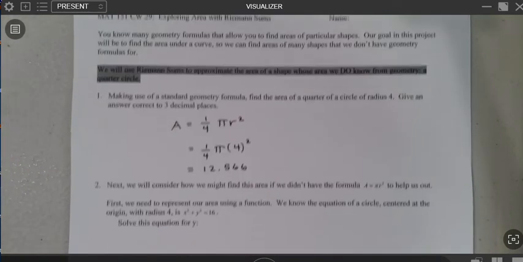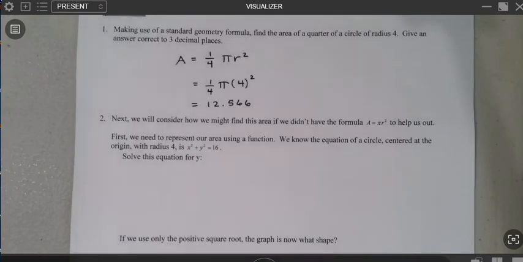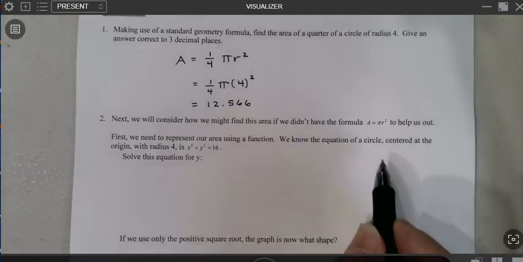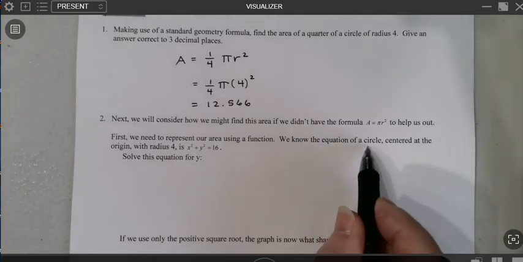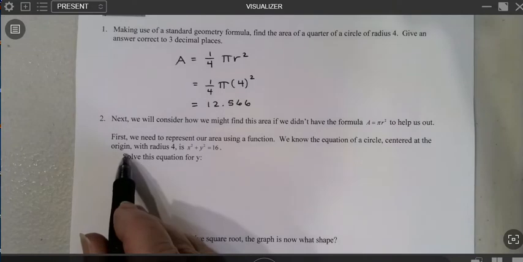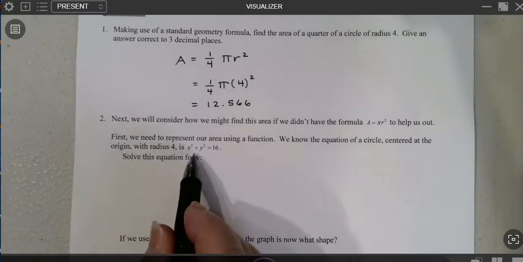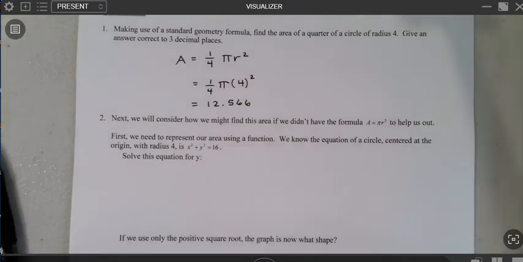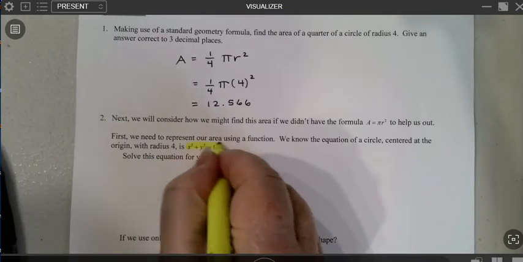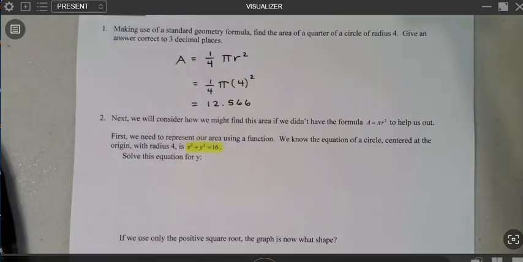All right. So first of all, I'd like to represent my area, my quarter circle, as a function. In order to do that, I'm going to start with the equation of just a whole circle, centered at the origin with radius 4. I'm sure you've seen this kind of thing before, like in pre-calc. The equation of a circle is x squared plus y squared equals the radius squared, 16 in this case.